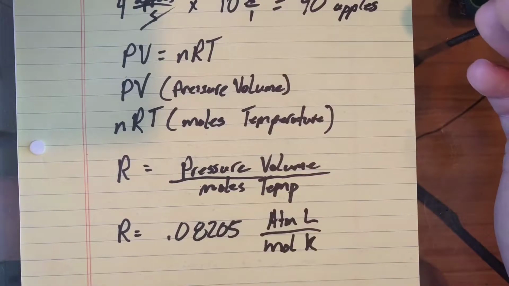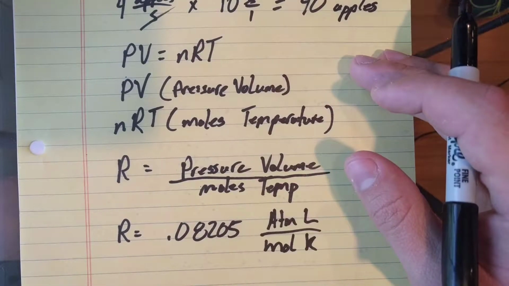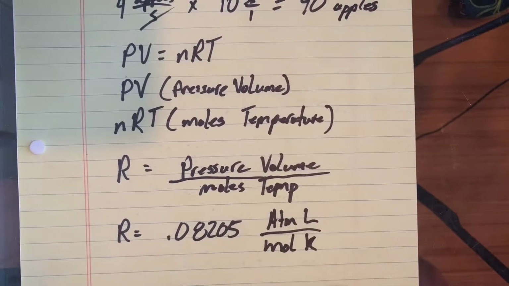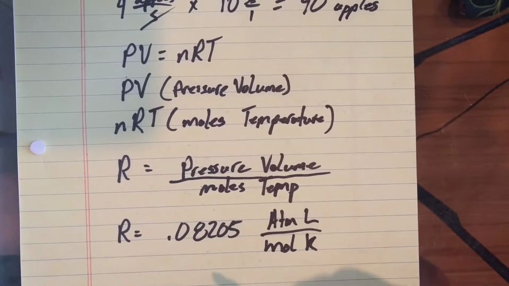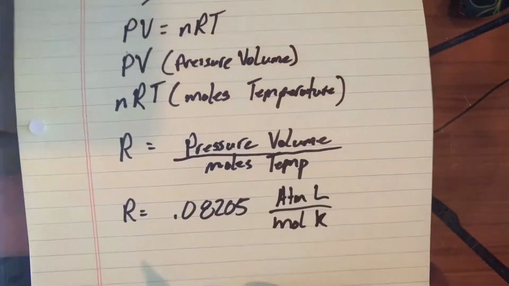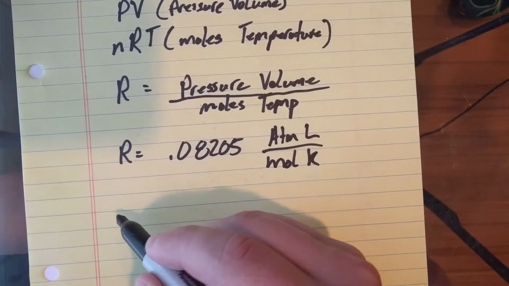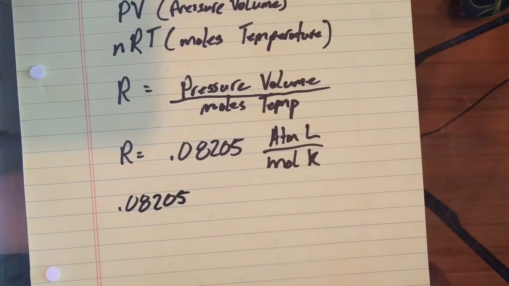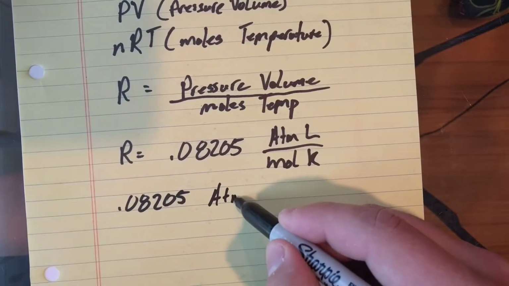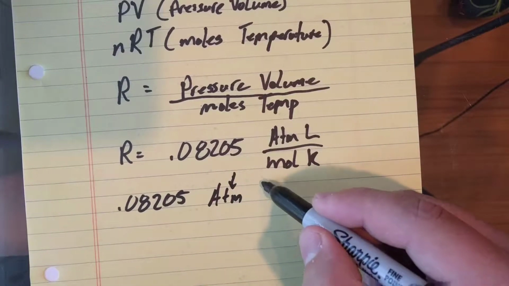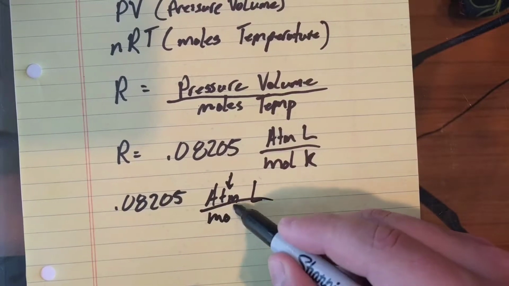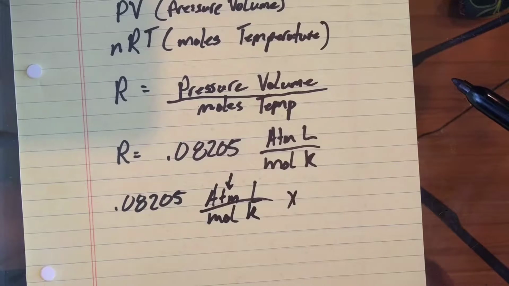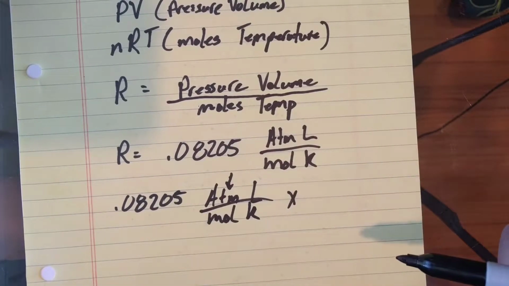But another cool thing you could do is say you wanted this constant in terms of pascals, right? So if I wanted it in terms of pascals, I could take 0.08205 atm, atmosphere, liter per mole Kelvin, and I can multiply it by however many pascals there are per atmosphere.